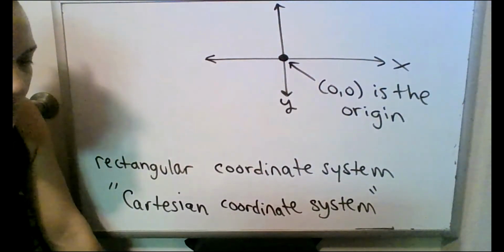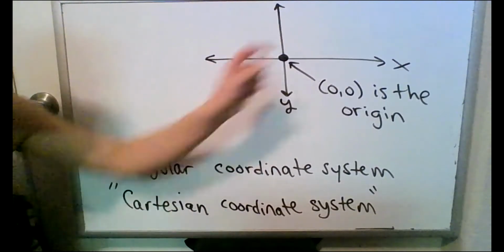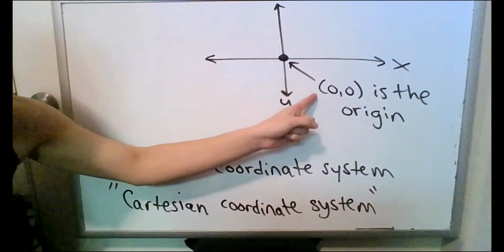And it comes up sometimes in your math classes, the different quadrants. This one's called quadrant 1. This is quadrant 2, quadrant 3, quadrant 4.